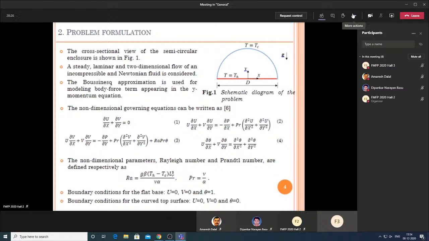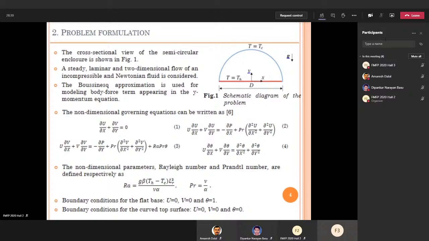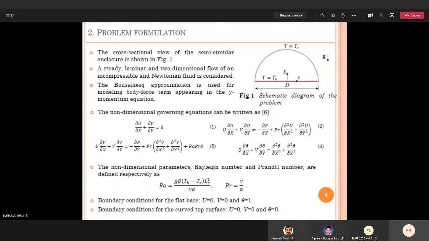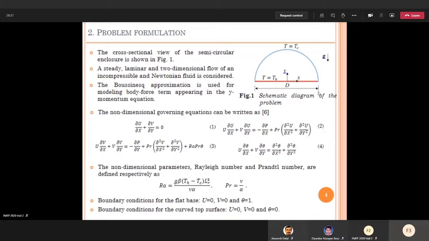The non-dimensional governing equations are given in standard form, and equations 1 to 4 are governed by two non-dimensional parameters, that is Rayleigh number and Prandtl number. For this study Prandtl number is fixed, so the solution is mainly governed by the Rayleigh number. The boundary conditions of the flow are specified in dimensional form in the equations, and the non-dimensional form is given at the bottom of the slide.